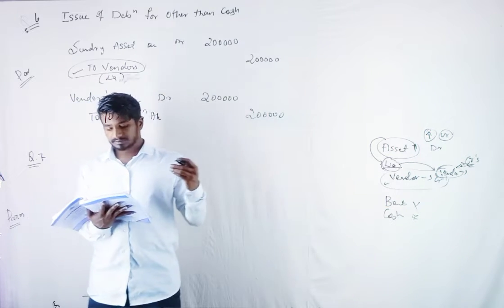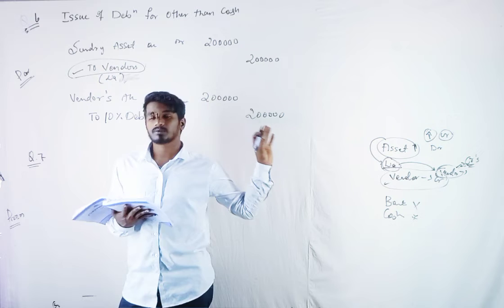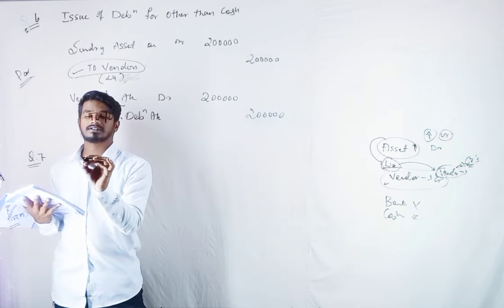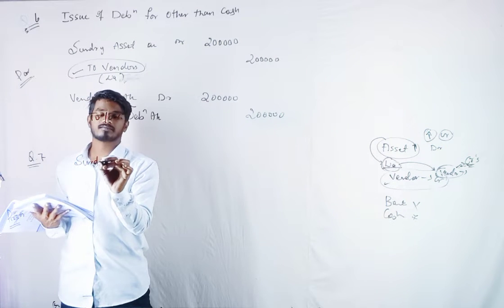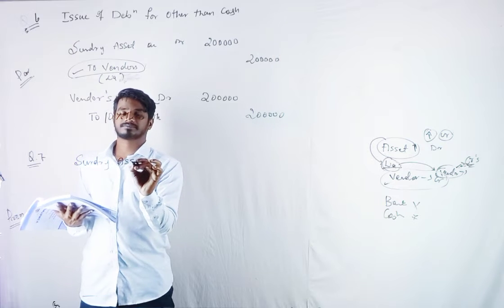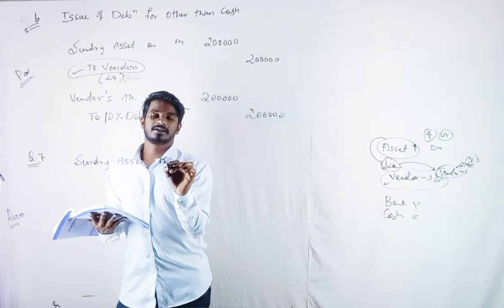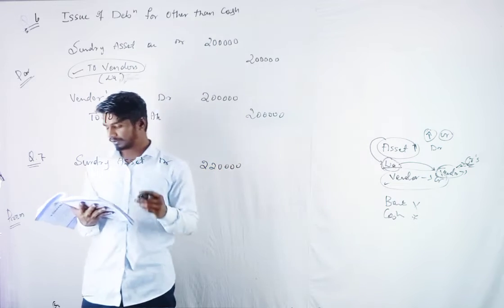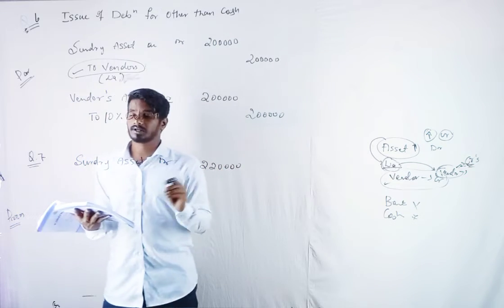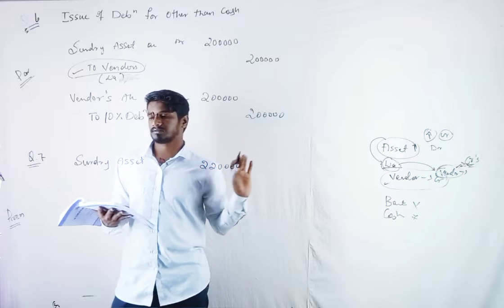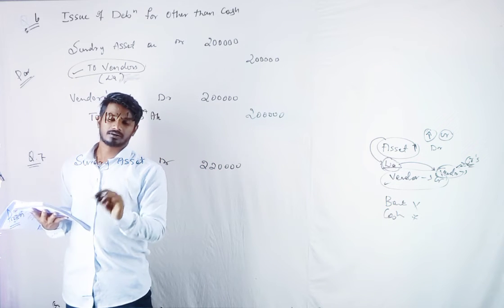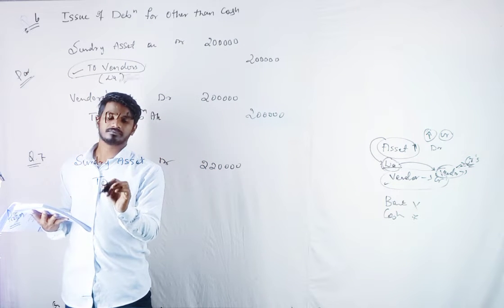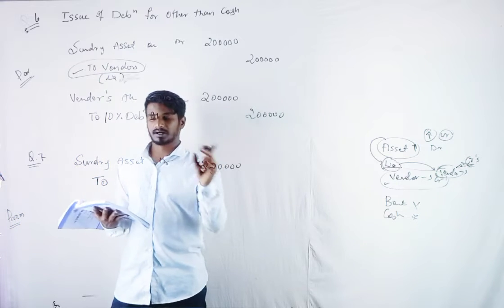Rai Company, book value of 2,20,000. They have purchased sundry assets. Sundry asset debit, 2,20,000.